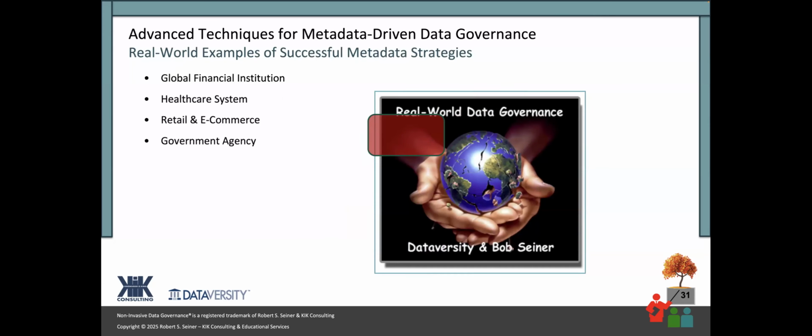All right, so we've got about 10 minutes left before we turn it over for Q&A. I have 4 different case studies I want to walk through, just some examples of organizations in different industries and what they've done to have successful metadata strategies. And I suggest that if you have successful metadata strategies in your organization, you should submit papers to DATAVERSITY to speak at one of their events.